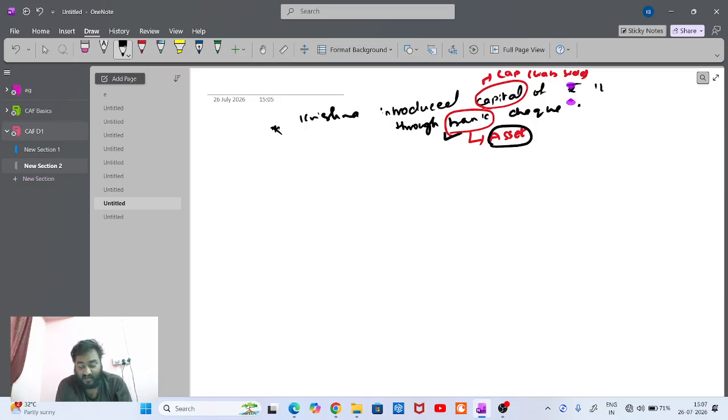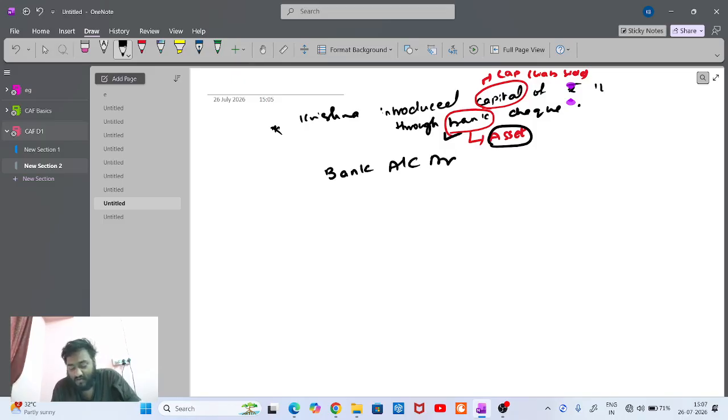Since bank balance is increased and bank balance is an asset, and every asset is a debit balance, in order to increase the bank balance, we debit the bank. This is the logic. Bank account debit.